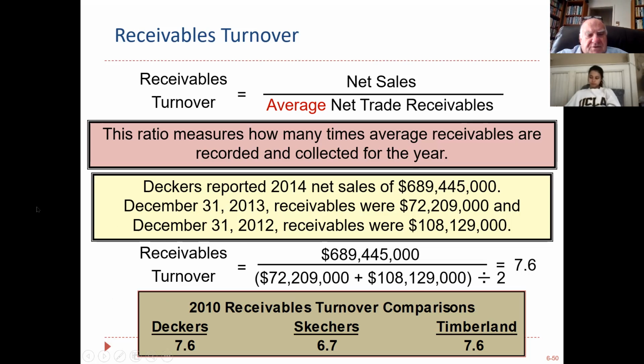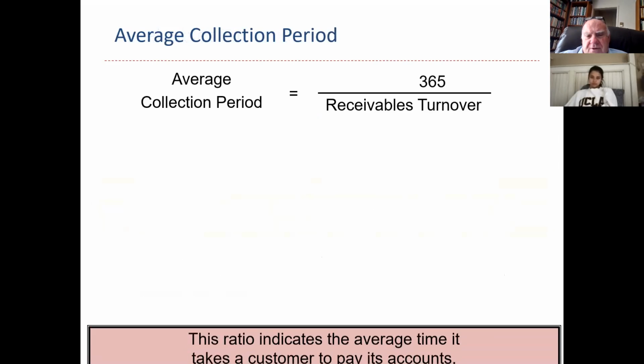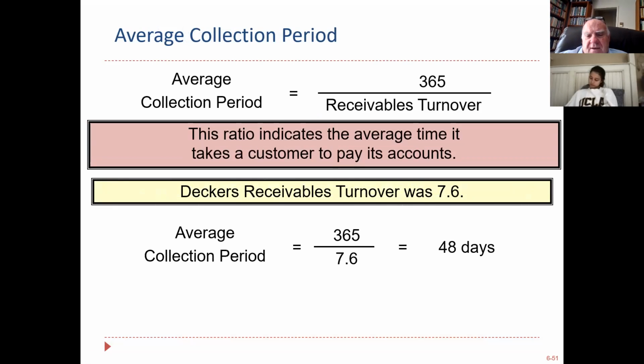But as you might have heard me say, if you go into a meeting with your boss and say, "Hey, Maria, we had a turnover of 7.6," she'll say, "Is that good?" And you say, "Well, it means that we collected the average receivables 7.6 times." That's jargon. That's talking past somebody. The thing we want to do is turn it into days.